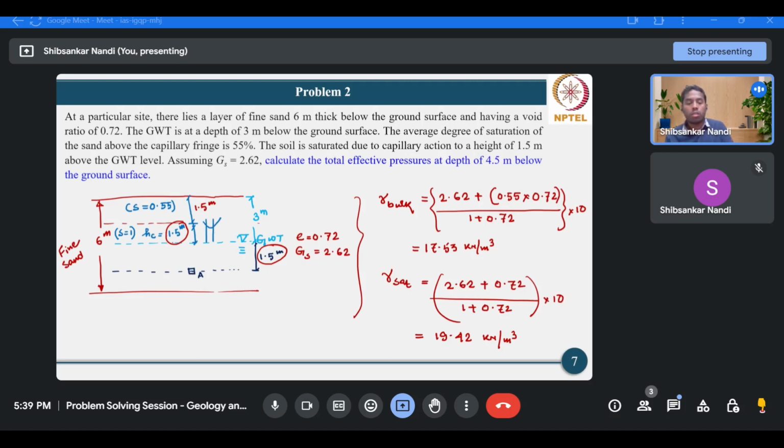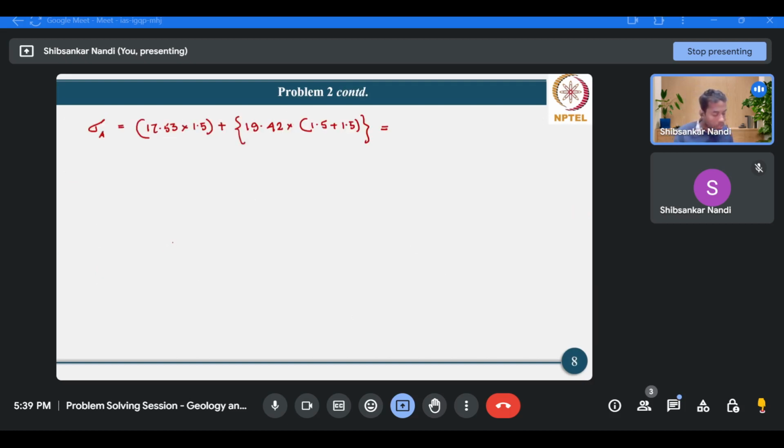So this value is 17.53 into 1.5 plus 19.42 into 3. So this is 84.56 kilonewton per meter square.